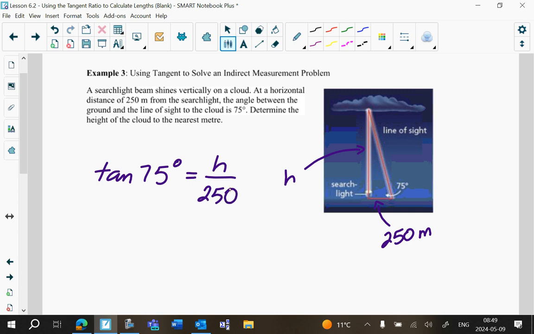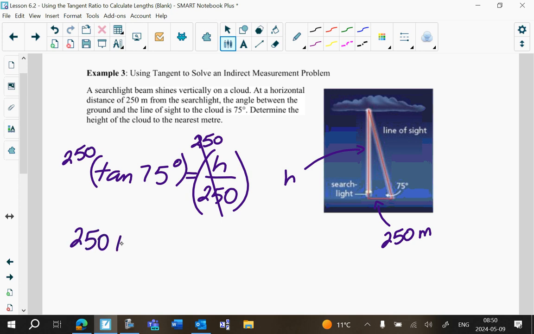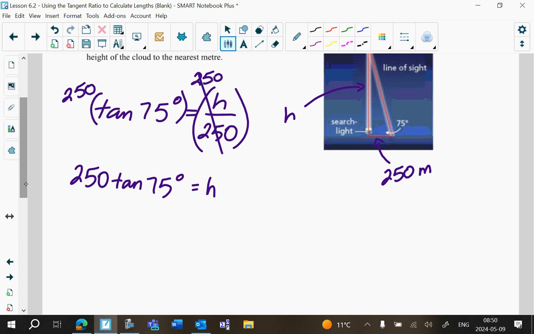And now we solve. And how do we get H by itself? Times 250. So therefore 250 times the tan of 75 degrees is going to be our unknown height that we're looking for. And we're asked to round our answer to the nearest meter.